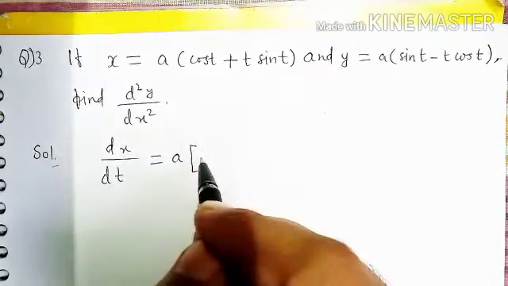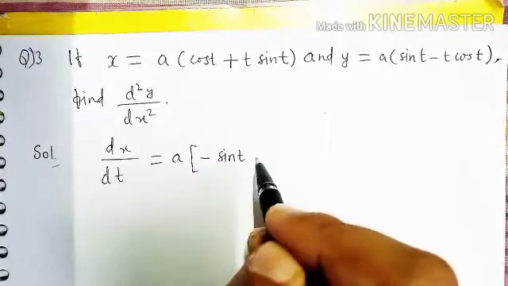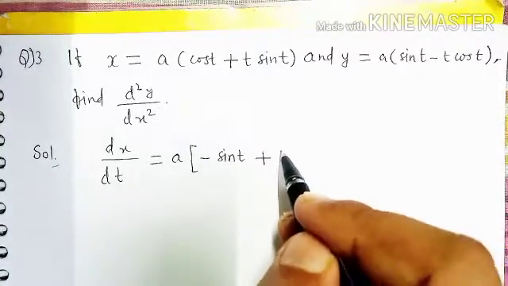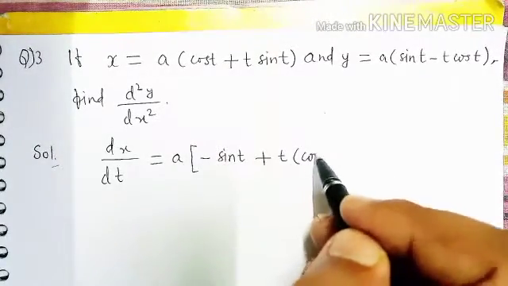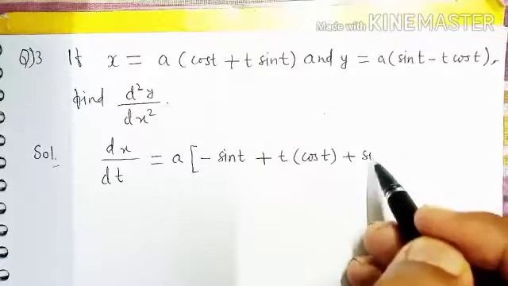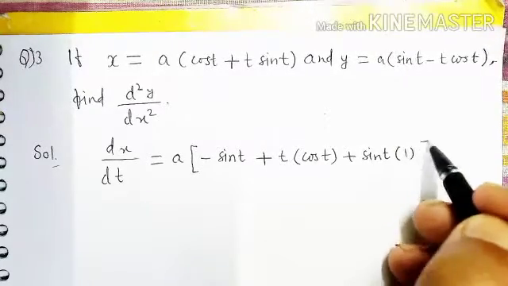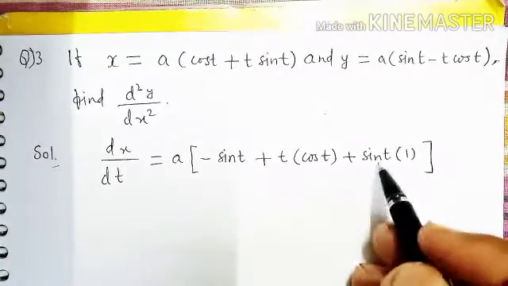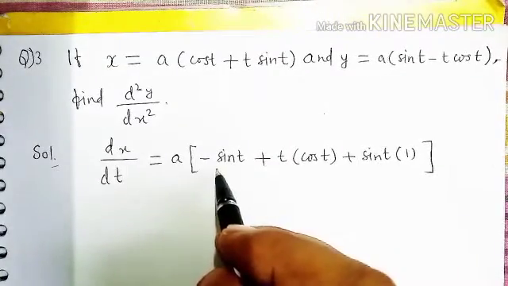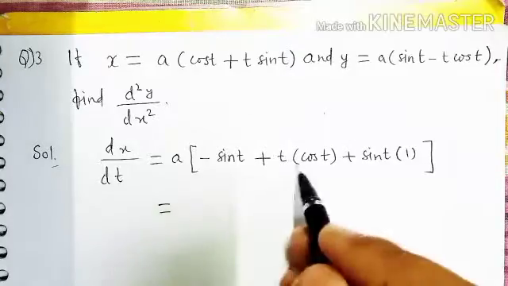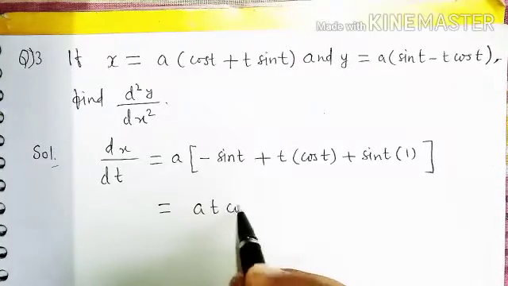The derivative of cos t is minus sin t, the derivative of t sin t is t cos t plus sin t, and the derivative of t is 1. Here sin t and minus sin t both cancel, so we have a into t cos t.